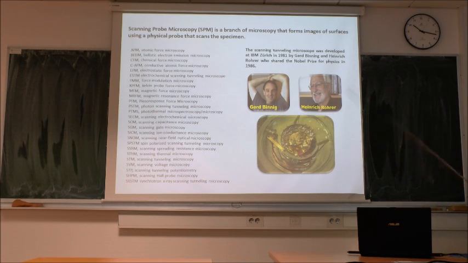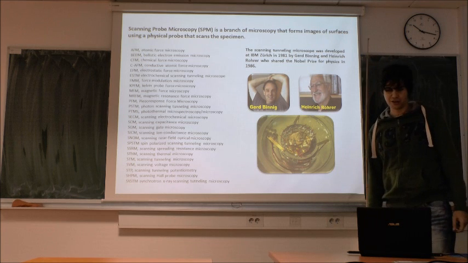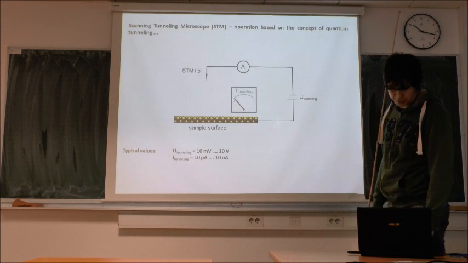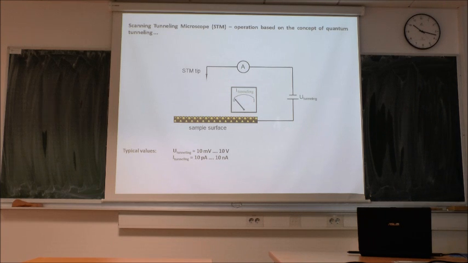So this was the first low temperature STM, but in that case they used the helium to levitate the whole STM head. I will talk a little bit about the problem of vibration insulation in these instruments. But okay, let's look at the STM.